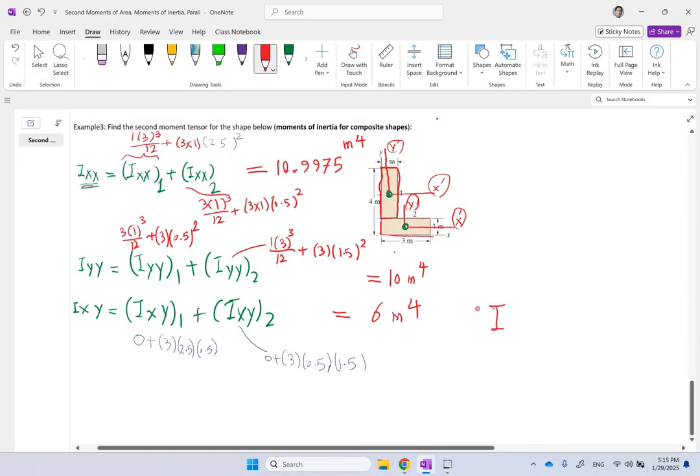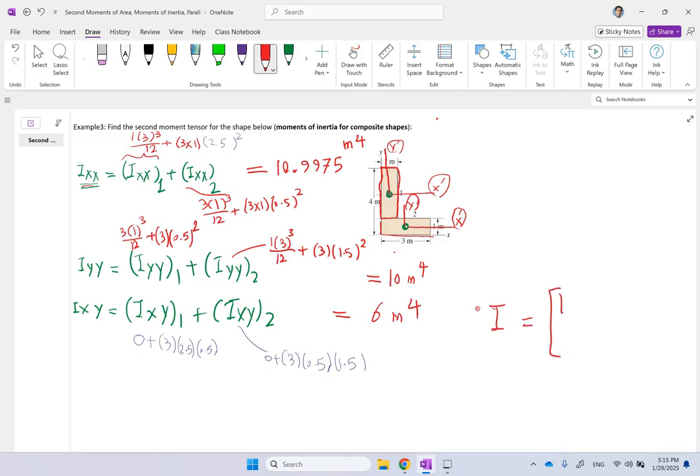So if somebody says, what is I tensor? It is going to be IXX, which is 10.9975, IXY, which is 6, IXY, which is 6, and IYY, which is 10. Done. This is your moment tensor here for this 2D shape.